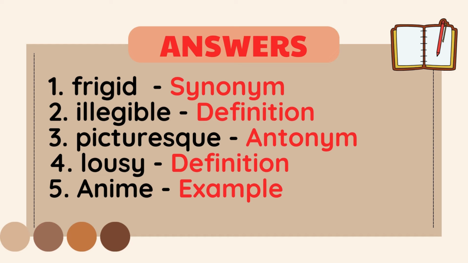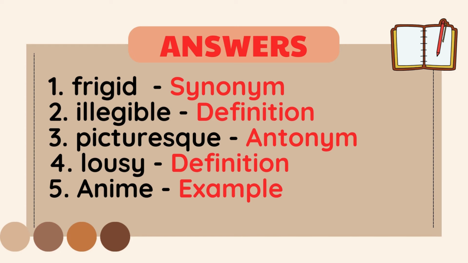Number 2, definition or explanation clue. So illegible is explained as no one understands Marcos' handwriting. Number 3, antonym. Picturesque is contrasted with rude behavior, indicating its meaning as something pleasant or beautiful. And number 4, definition, because lousy and disgusting smell provide an explanation of the room's condition, helping to understand the word lousy.